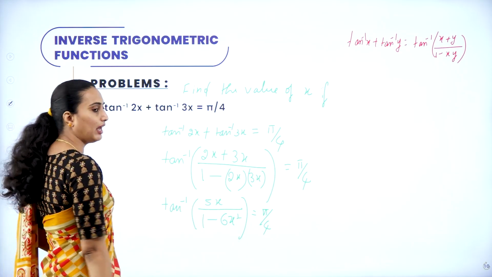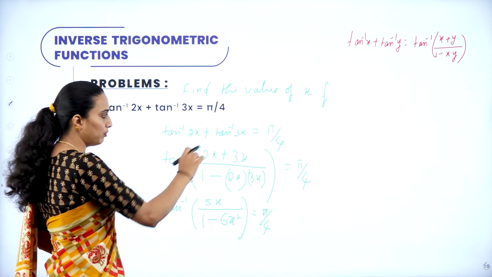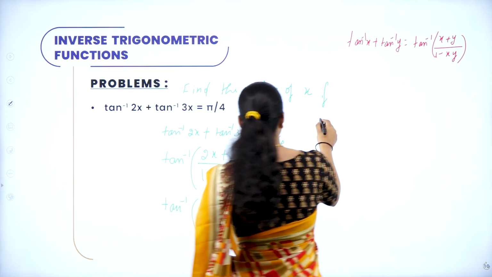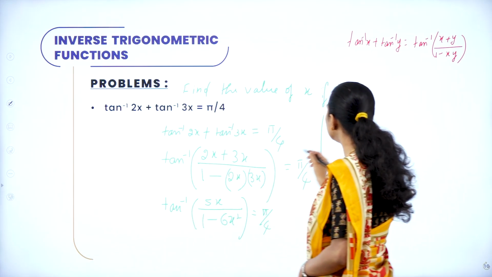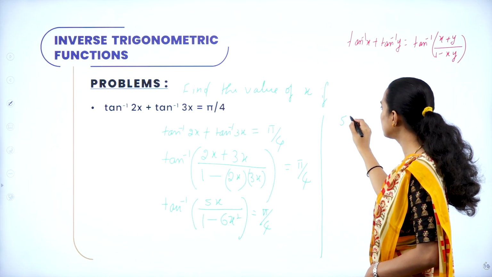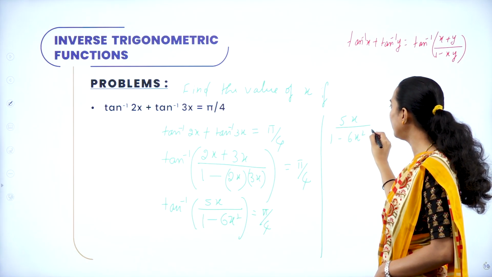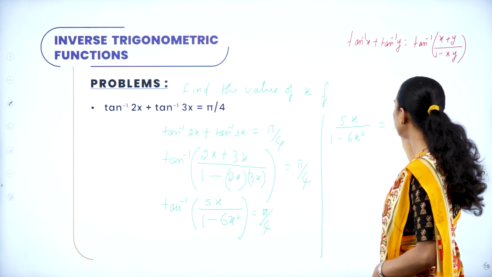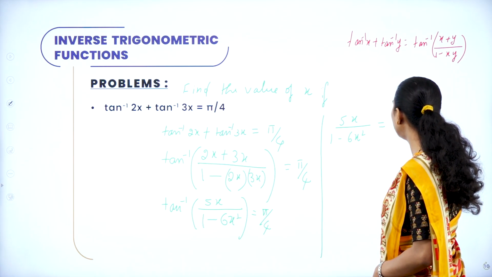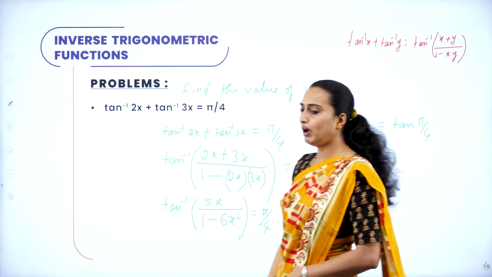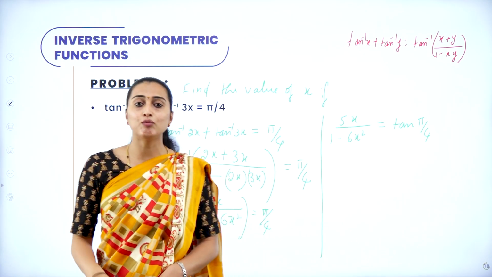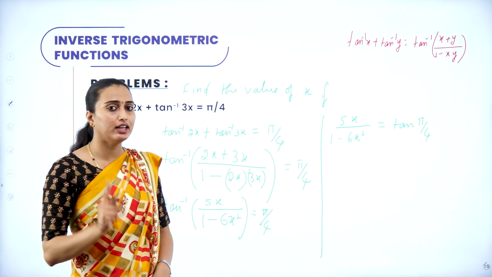Now I am going to take tan on both sides, shifting this tan inverse to that side. So you can have 5x divided by 1 minus 6x squared is equals to tan pi by 4. What is tan pi by 4 value? Tan 45 degree. What is tan 45 degree? 1.